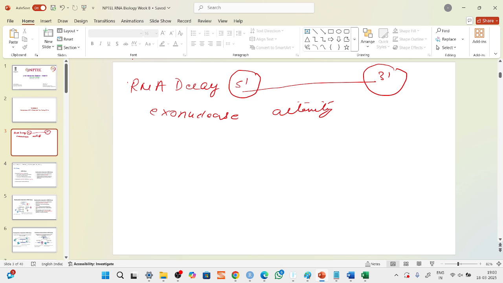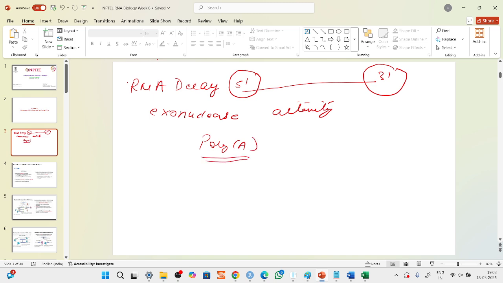Also, we studied in the previous class that the number of poly A's attached at the 3 prime end will decide the age of the RNA. Why so? Because if an RNA is newly made, then a lot of poly A's would be attached at the 3' end.